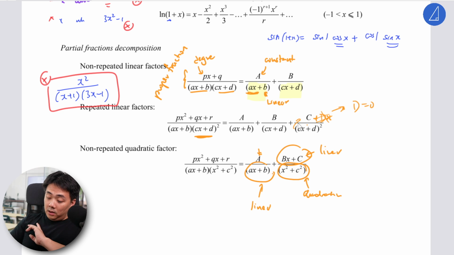You can just solve it, but I think you don't have time to solve it. Just understand that for partial fraction, the top is always 1 degree lower, except for this repeated root, where you can put dx plus c, but the d will be solved to be 0.